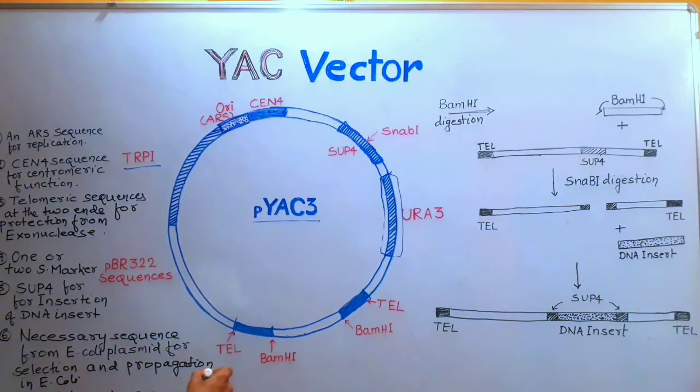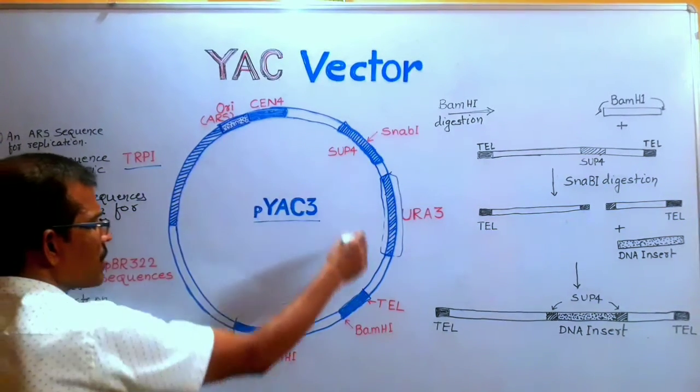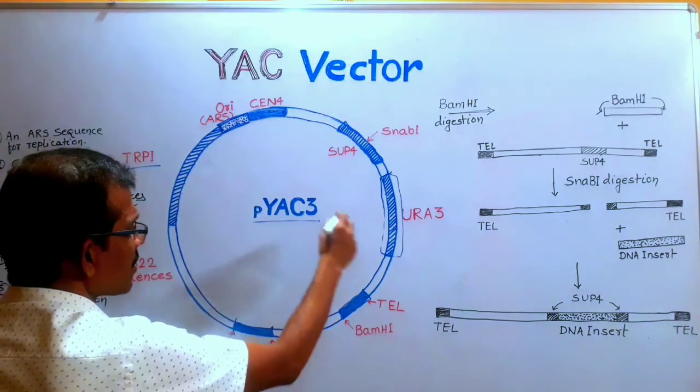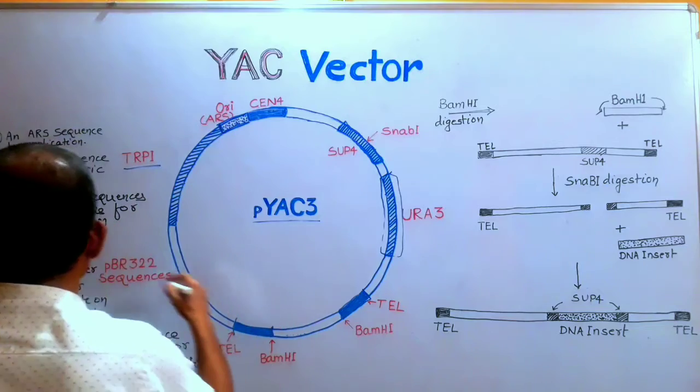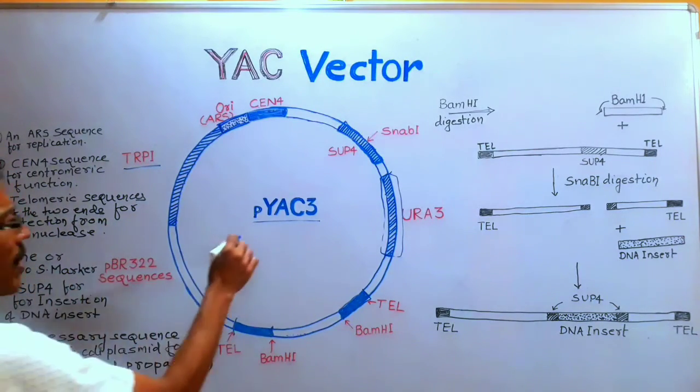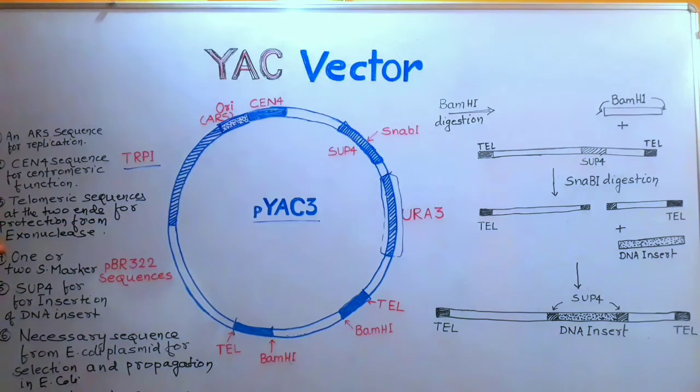The telomeric sequence of yeast chromosome is a 20 to 70 tandem repeat of a 6 base sequence that has a hairpin loop at the terminus. So this yeast artificial chromosome is essentially a PBR322 in which the following sequences from yeast chromosome have been integrated.